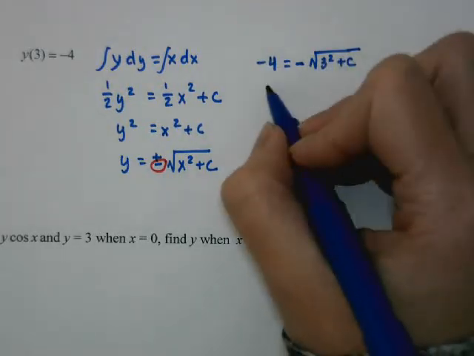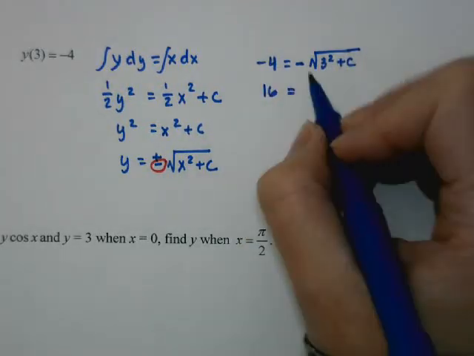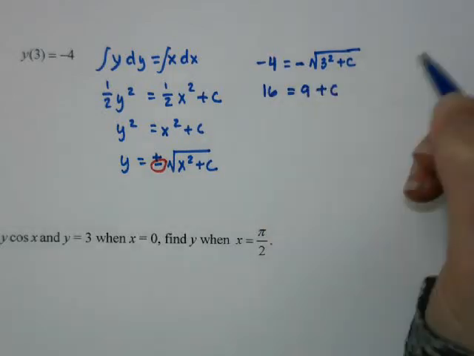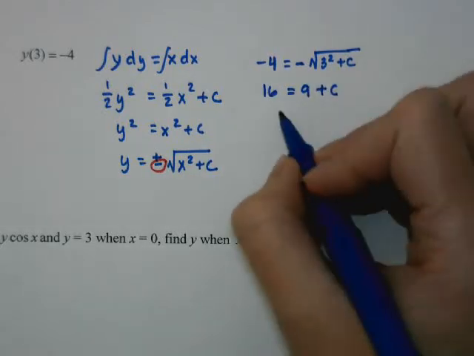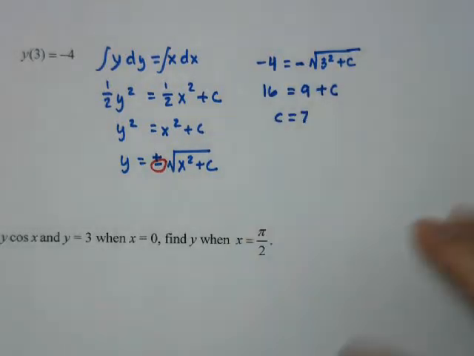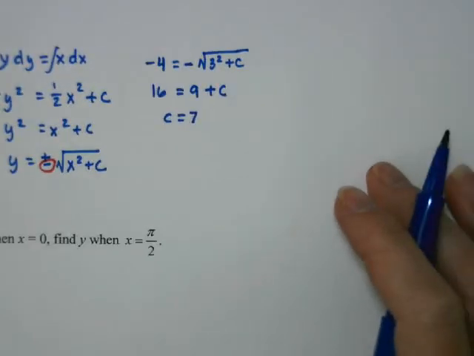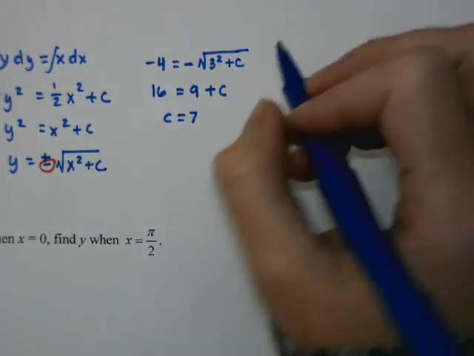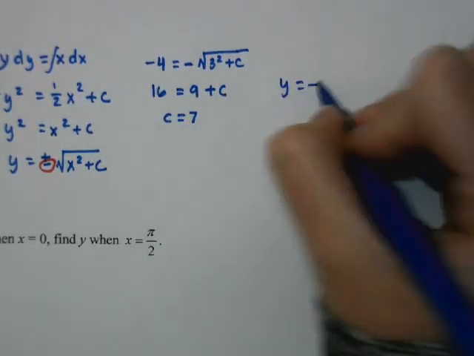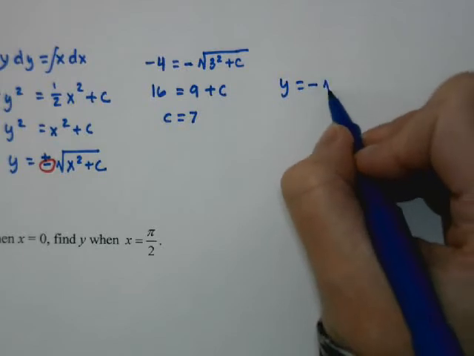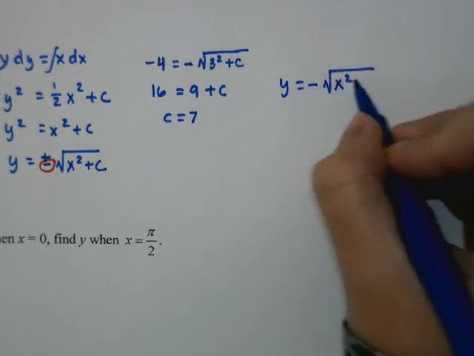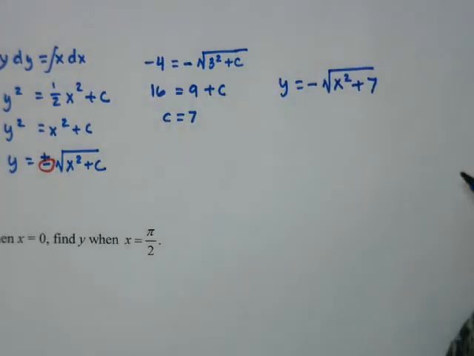So if I square both sides, we're going to have 16 is equal to 9 plus c. Subtract 9, and c is 7. So my final equation is negative square root x squared plus 7.